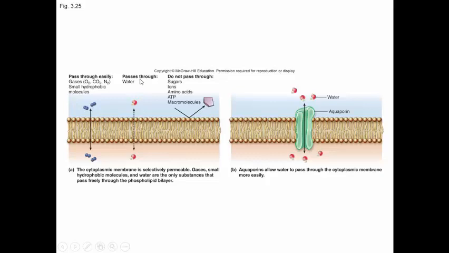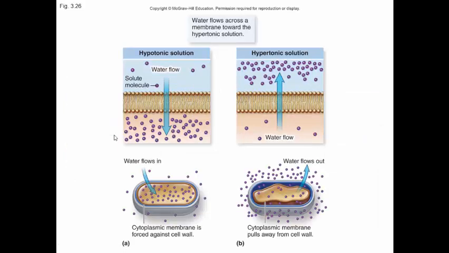Remember that nonpolar small molecules such as gases like CO2, O2, nitrogen, and very small hydrophobic molecules can pass through. What cannot pass through are large molecules, sugar, ions, amino acids, ATP, macromolecules, etc. And so we start getting into these challenges of transport. Okay? We're going to get into the cell wall in a minute.